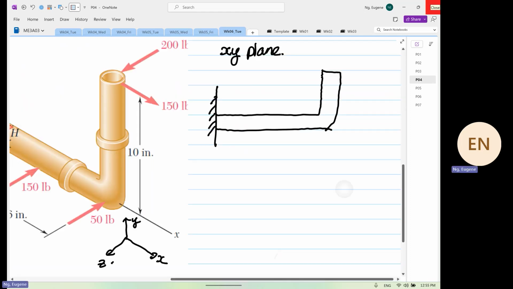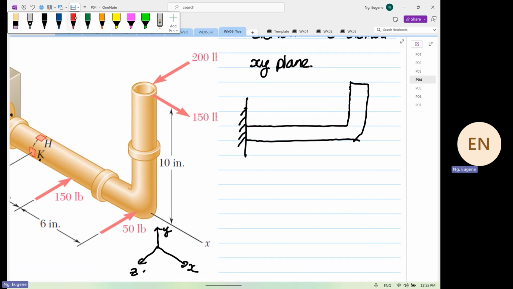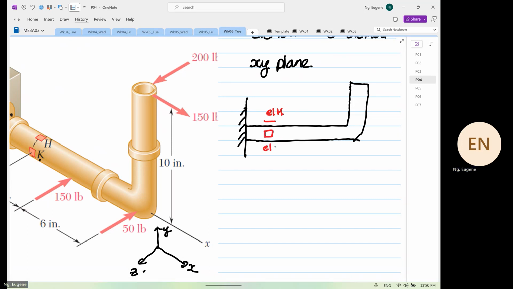Then from there, I want you all to put in the elements. Over here, this is your element H. Over here, this is your element K. These elements are your positions of interest.